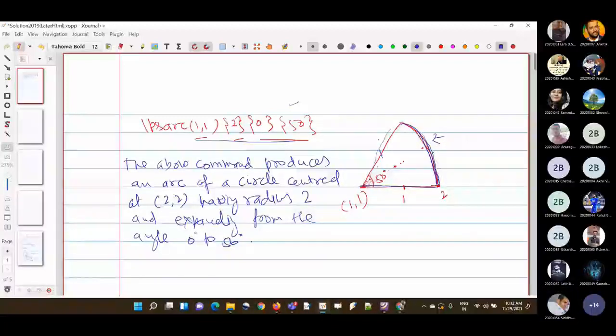Yes, sir. Next question: write the code to produce this. I think this is very easy.